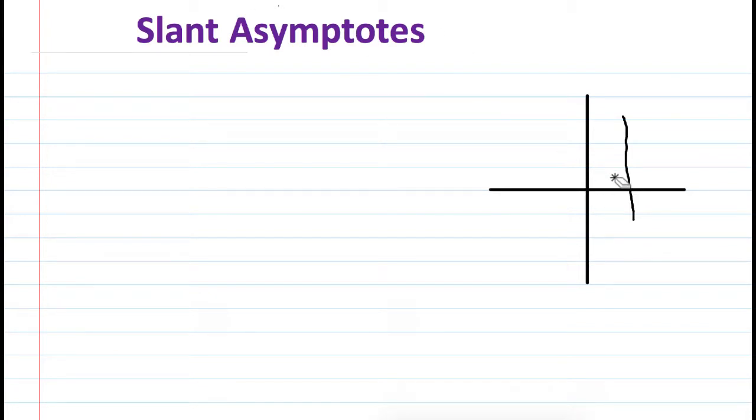So if a vertical asymptote looks like this and a horizontal asymptote looks like this, then what does a slant asymptote look like? Basically, a slant asymptote is at an angle, a combination of those two asymptotes. They can be like that, like that, or like that. Those are examples of slant asymptotes.